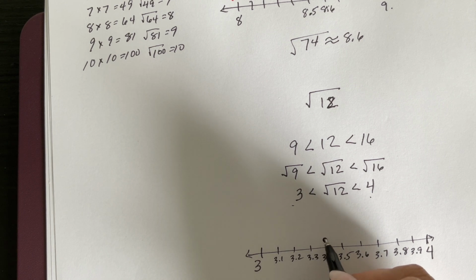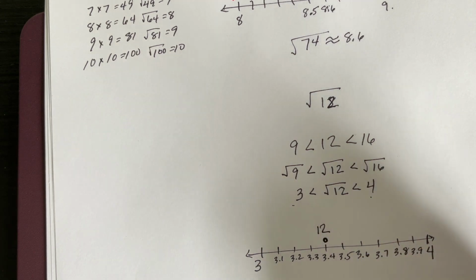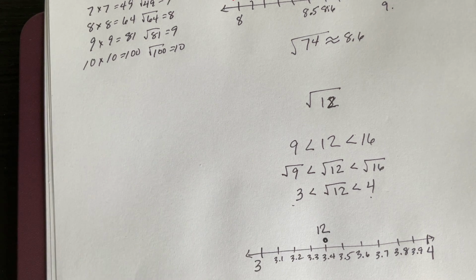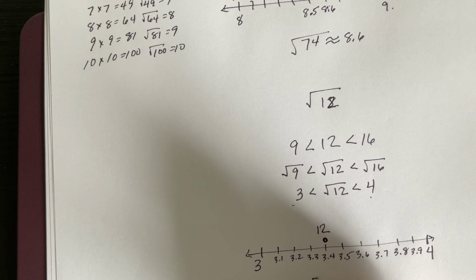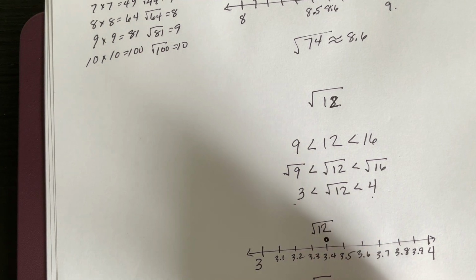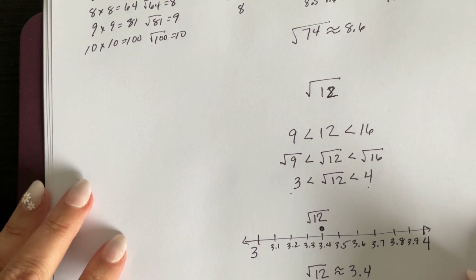This is where I approximate it's going to be. Some of you might have said 3.3. That's my approximate. So I'm going to put the square root, oh, I forgot my square root sign, of 12 is approximately 3.4.